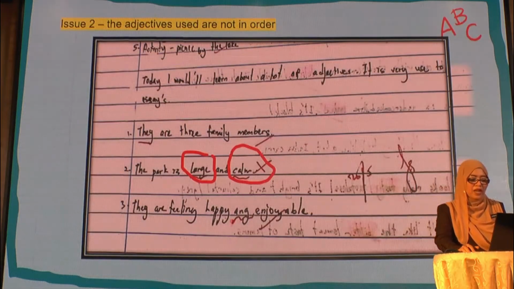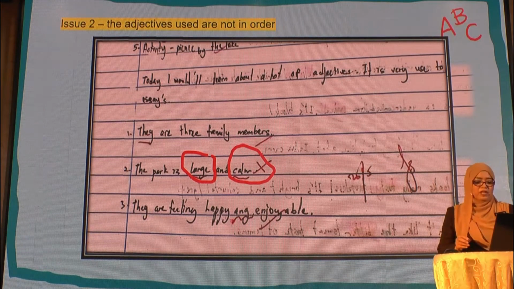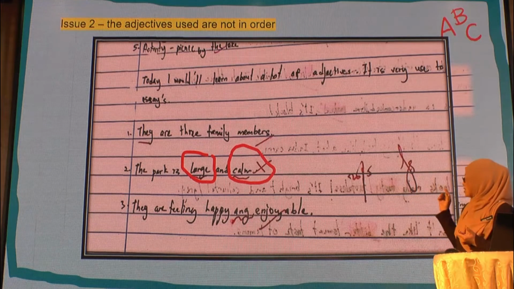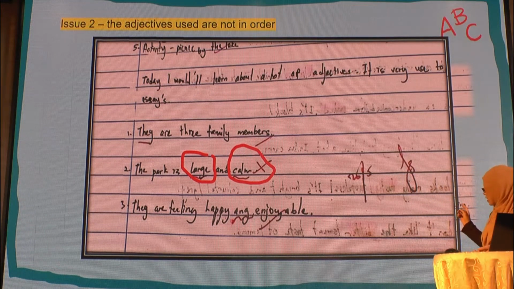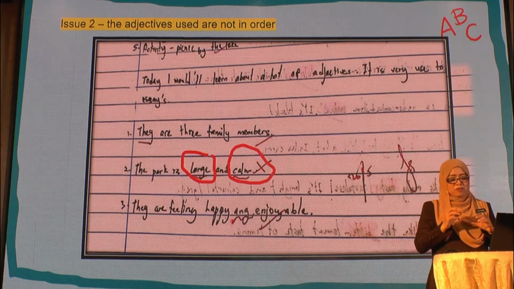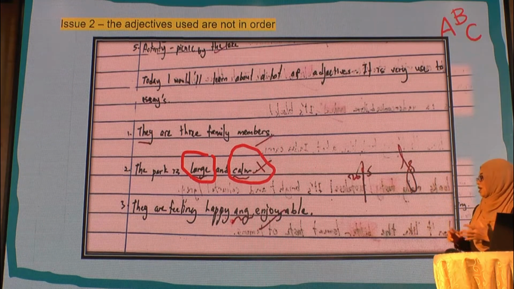The second issue that I want to highlight is that the adjectives used are not in order. That means although they can write the adjectives, they are not in order. From the example response, you can see number 2, the park is large and calm. As we all know, you have to arrange the adjectives in the correct order for your sentence to be authentic.